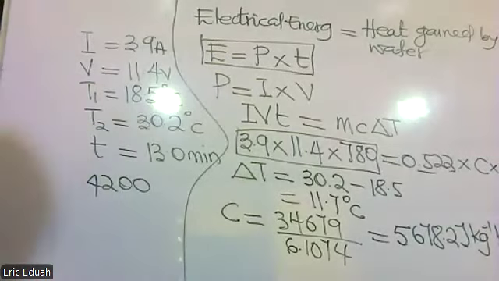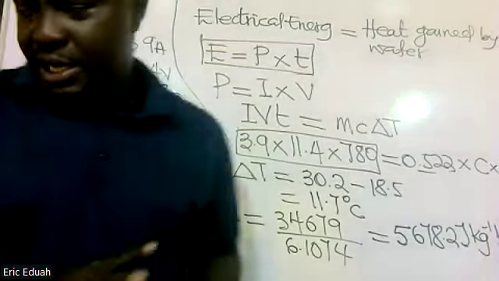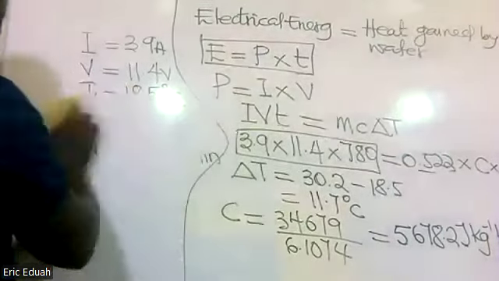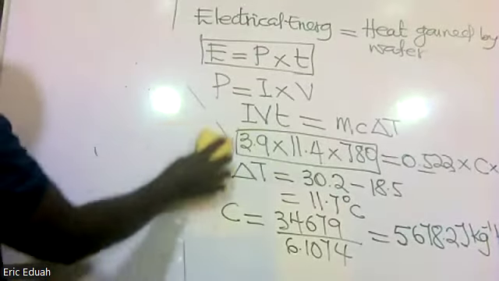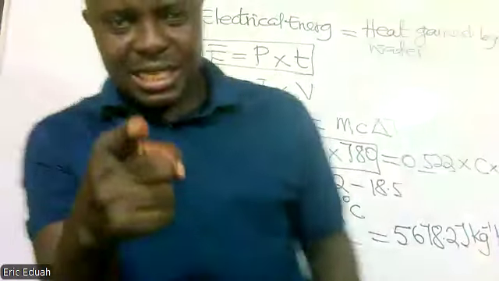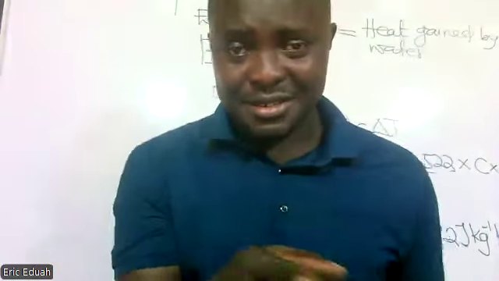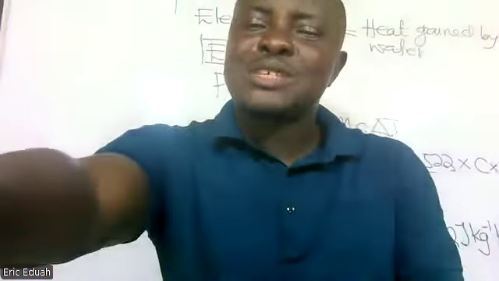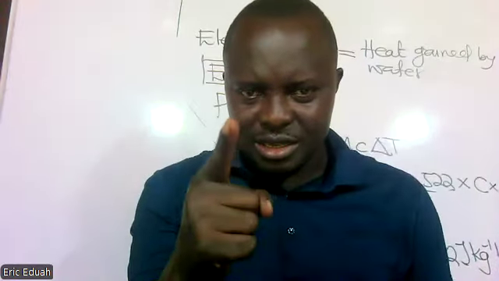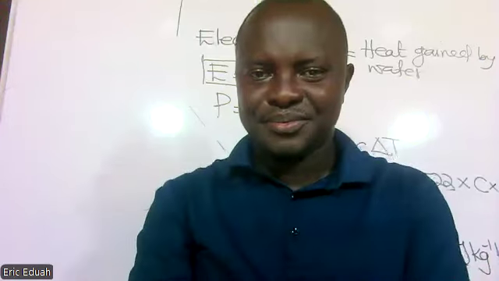Usually, let me draw your attention to this so that when you meet such a question, you can also relate. When a bullet is fired by a gun, class, what provides the kinetic energy of the bullet?